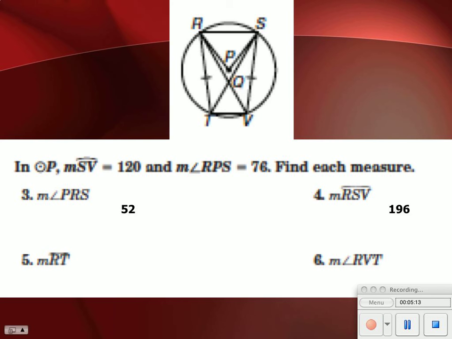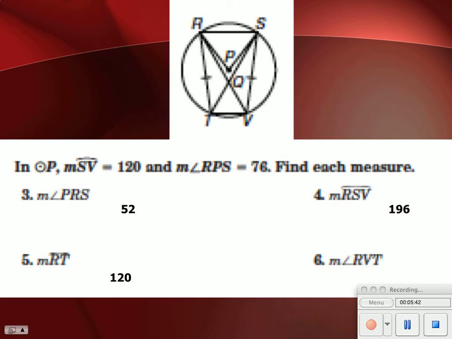And finally, angle RVT, this angle right here, is going to be 1/2 of the measure of RS, or RPS, which is 1/2 of 76. Scratch that, what I just said, because I'm looking at the wrong angles.